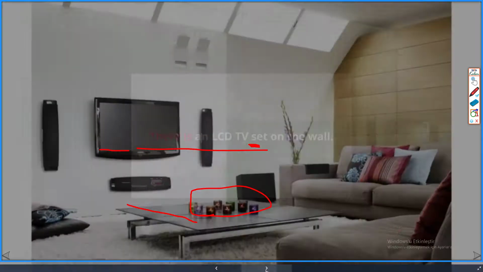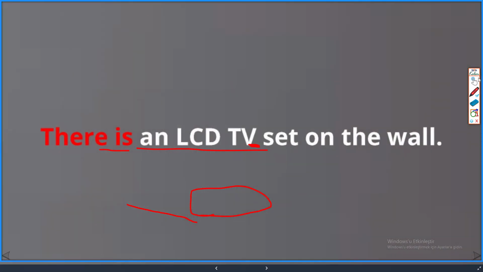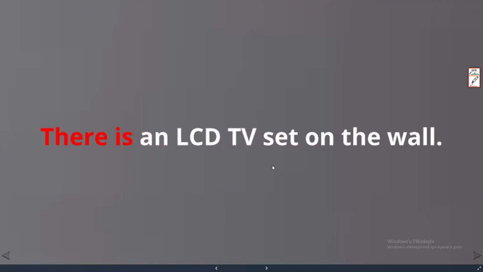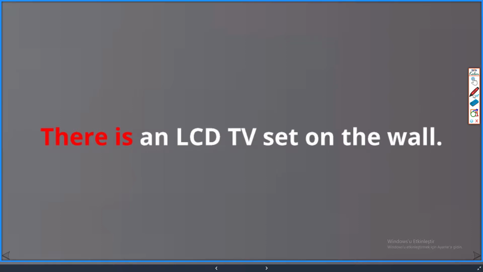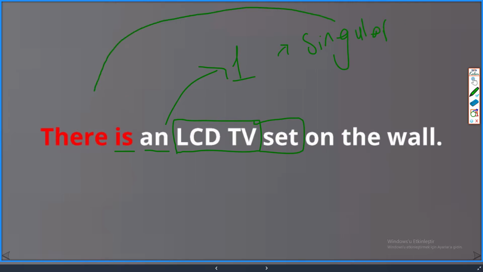There is an LCD TV set on the wall. We use there is because we have an LCD TV set, I did it again, sorry about that. It means one, and one is singular, and when it is singular we should use what?